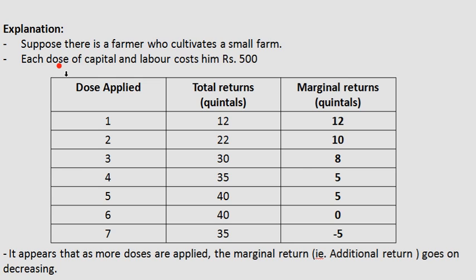Here is the applied dose: 1, 2, 3, 4, 5, 6, 7, and here is the corresponding total returns in quintals, and here is the corresponding marginal returns in quintals.